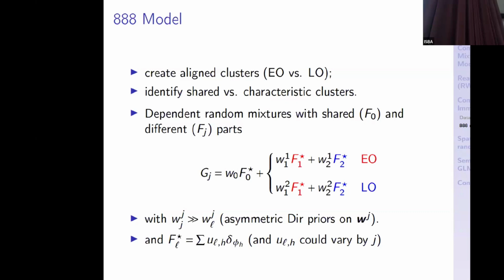That's actually it. In case you wonder about the name of the model, the 888 model, they didn't let us use the name in the end anyway, but we liked it. The black one had 8 atoms, 8 red atoms, 8 blue atoms. We don't want infinitely many atoms because you cannot possibly interpret infinitely many cell subpopulations.